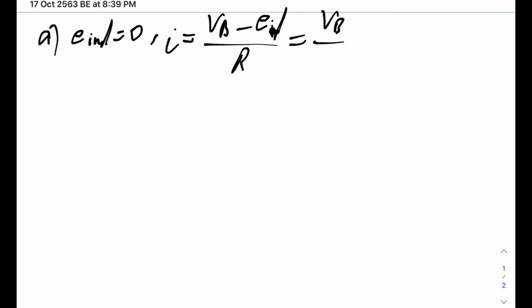I equals VB minus E induced over R. This is Ohm's law: voltage over resistance. Because E induced is 0, we have VB over R only. The current flows through the rotor loop, producing a torque.